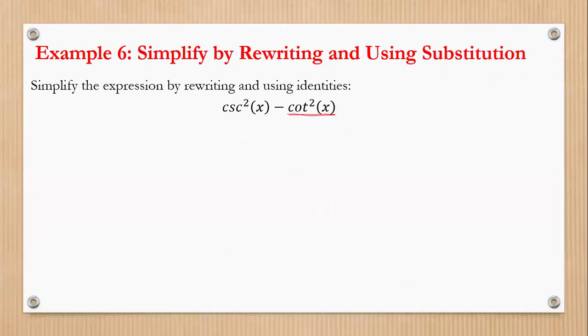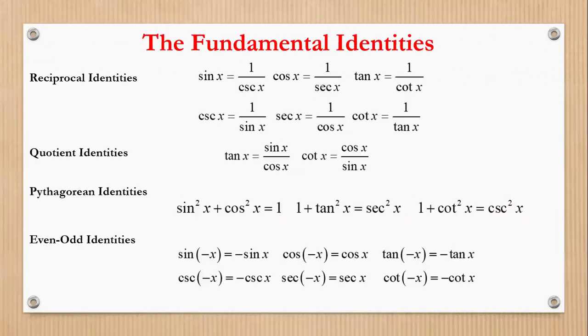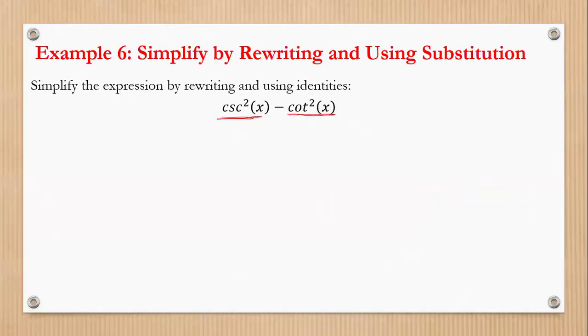So I prefer to replace something for cosecant that lets me add or subtract with the cotangent squared, okay? And when I look at the trig identities, I see this one. This identity tells me that the cosecant squared is always 1 plus cotangent squared. It means that instead of cosecant squared, I can replace 1 plus cotangent squared.